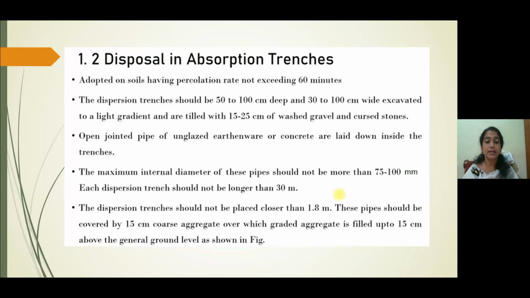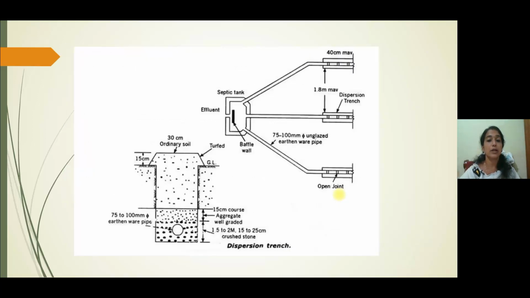The maximum internal diameter of these pipes should not be more than 75 to 100 mm, and the dispersion trenches should not be placed closer than 1.8 meter. These pipes should be covered by 15 centimeter of coarse aggregate, over which graded aggregate is filled up to 15 centimeter above the general ground level, as shown in the figure.